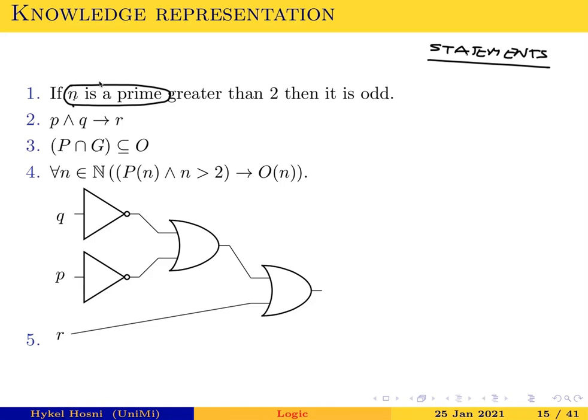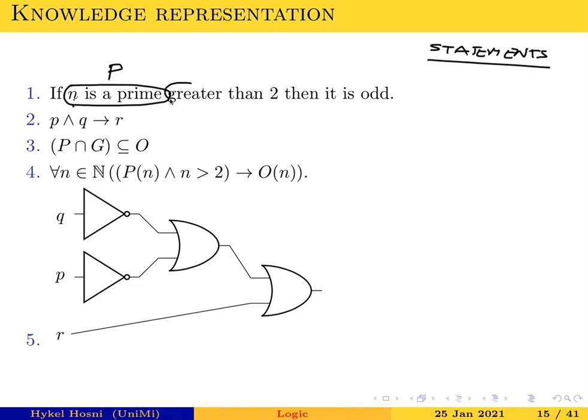This is a unit of statements, so I just call this P. Then I actually have some hidden information in here, because in English I'm saying if n is a prime greater than 2, etc. I'm saying if n is a prime and n is greater than 2, right?